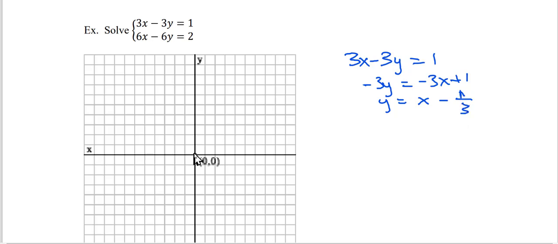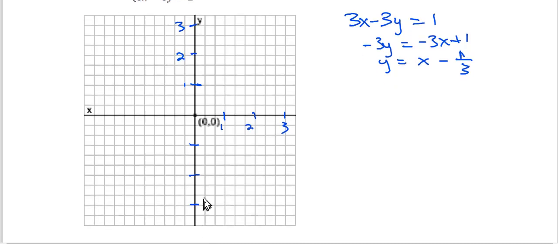Okay. Just because the y-intercept is a fraction, I'm going to go 1, 2, 3. So I'm going to make my scale 1/3 here. Each of these marks is going to be 1/3. So we have that.